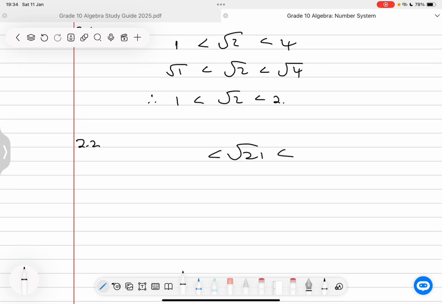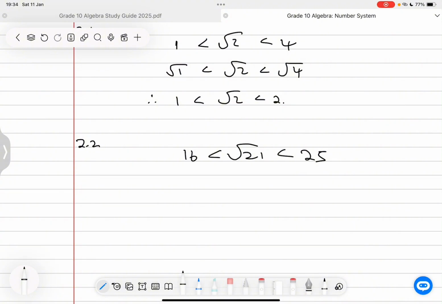Obviously, a perfect square that is less than 21 would be 16, the one that is closer to 21. And the other one that is bigger than 21 but not so far would be 25.